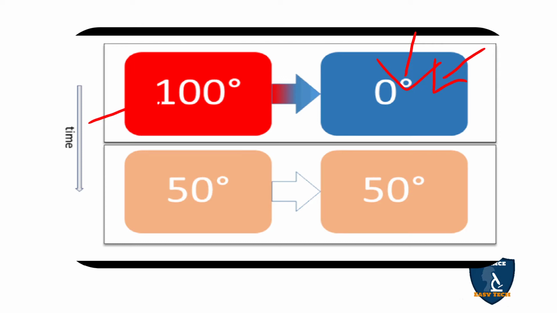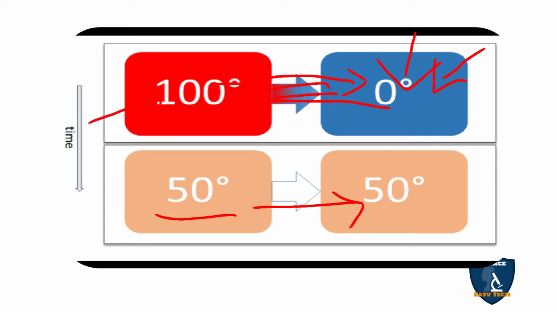When these two objects are connected through a pipe, the cold temperature enters the hot one and the heat from the 100 degrees enters the cold one. After the exchange, the 100 degrees changes to 50 degrees and the remaining 50 degrees is given to the other.